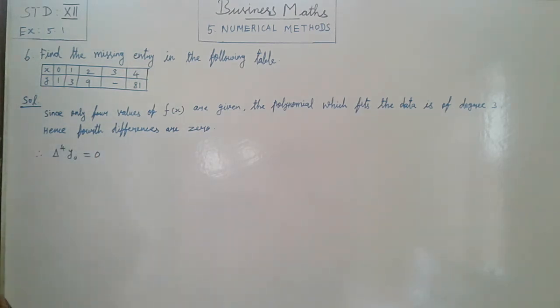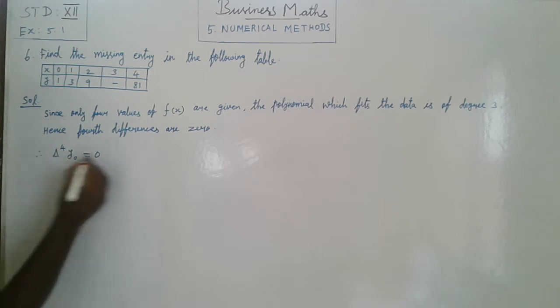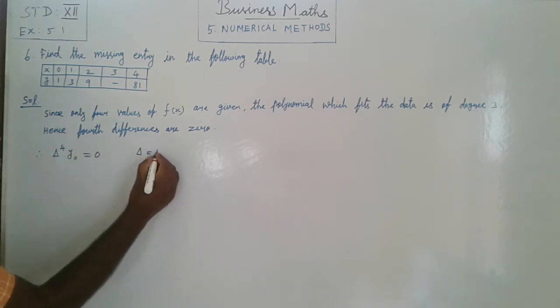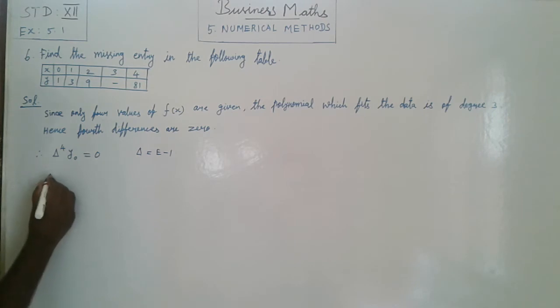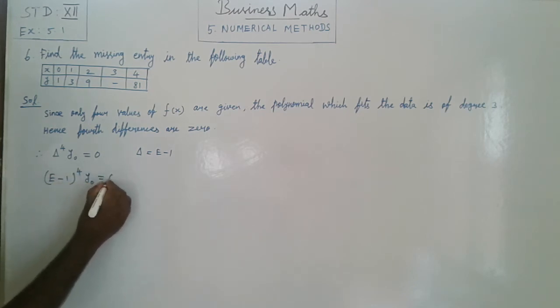We know that delta equals e minus 1. So substitute here: e minus 1 whole power 4 y naught equal to 0.